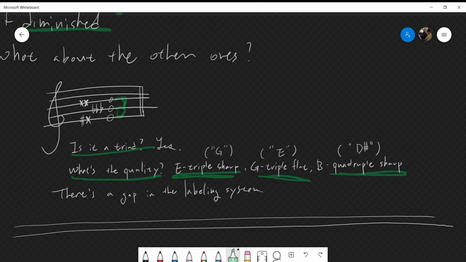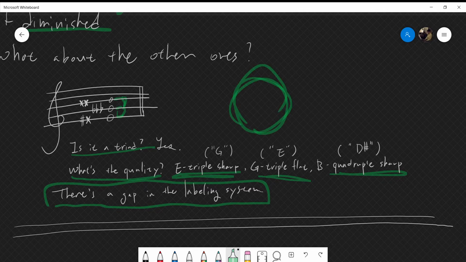Because it doesn't happen as often. We don't really have a name for it. So in that way, there is a gap in our system of labeling, right? We only recognize the ones that happen more commonly, but there is an almost unlimited number of triad qualities that is possible. We just don't talk about it.